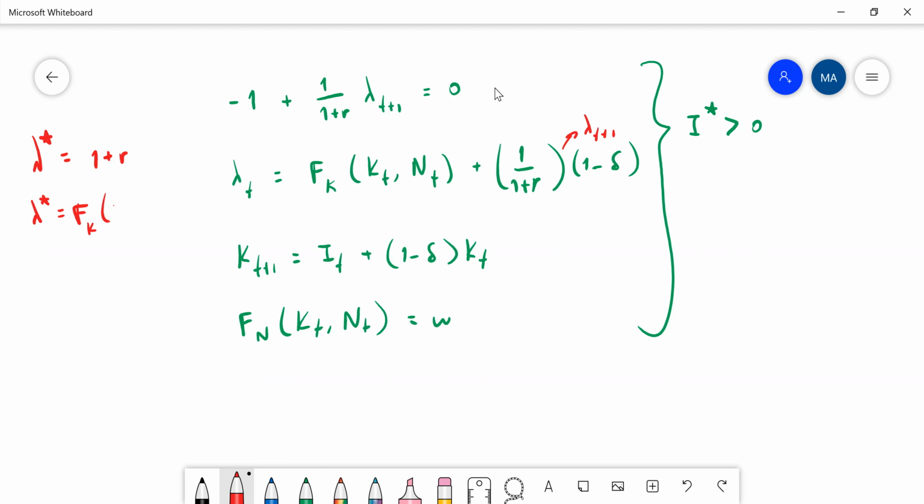So you should confirm these results. So F_K(K star, N star) plus 1 minus delta. Then you have F_N(K star, N star) equals W, and then you have I star equals delta K star.